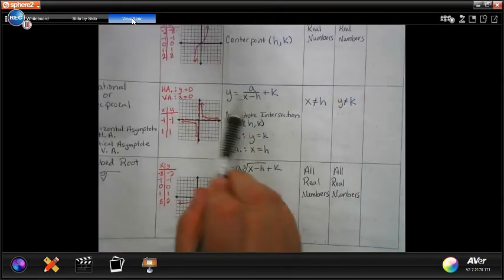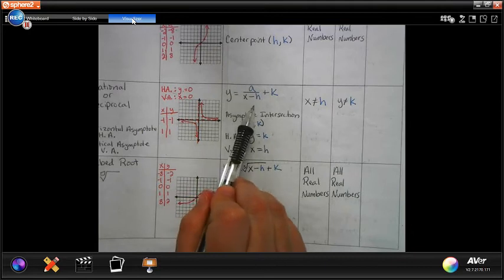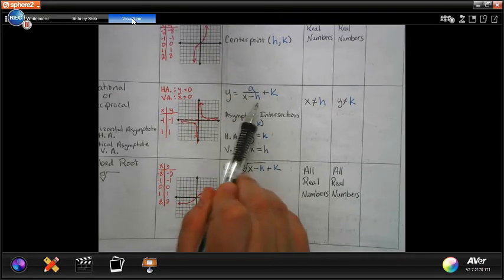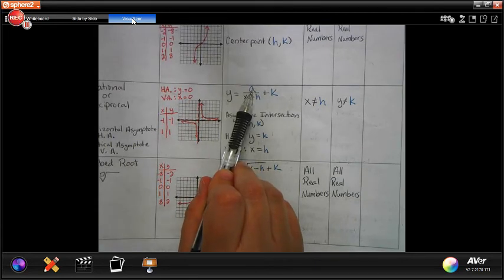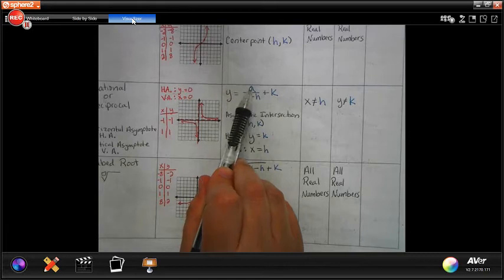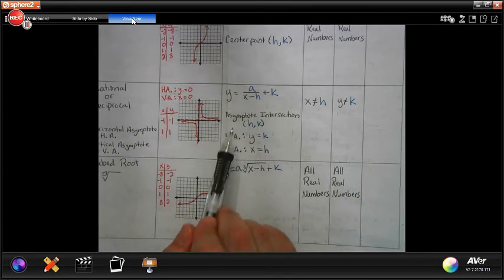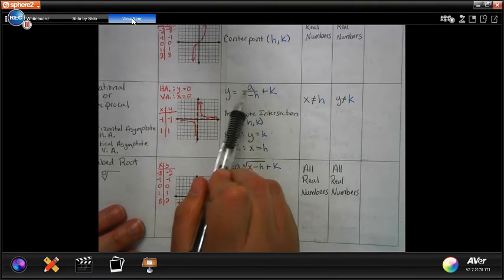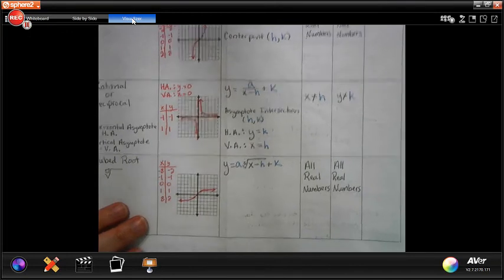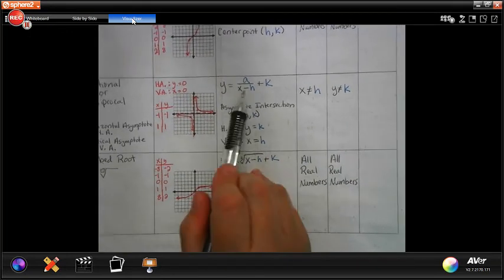Okay. So this is how my equation is going to look if I have no A. So there's no vertical stretch or compression. I just put a 1 there. You got to have a placeholder. You got to have something up there. So if there is no A, then you want to make sure to put a 1 there. Or if there's a reflection, you would put -1. And then we have x minus h.